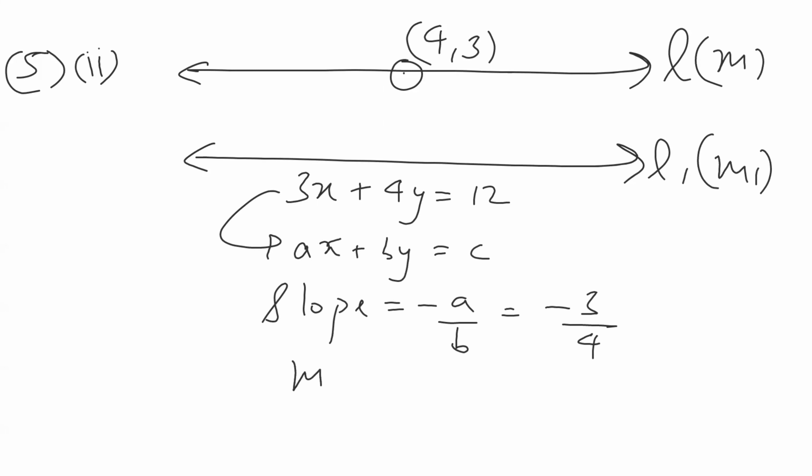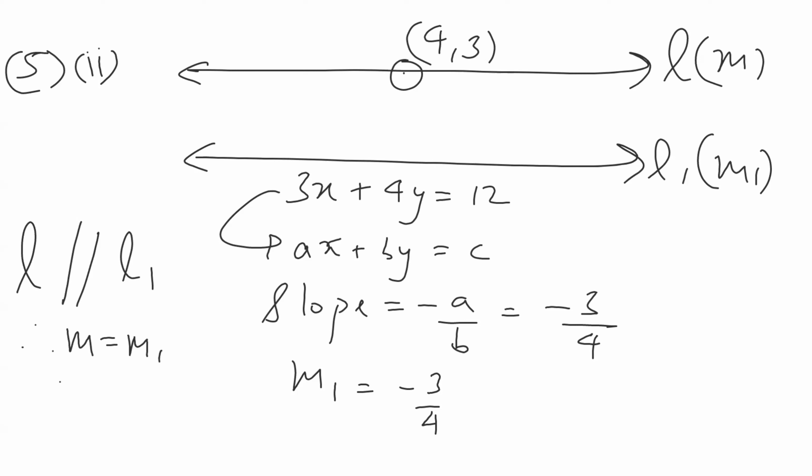So we got m1 is equal to minus 3 by 4. Now L is parallel to L1, therefore m equal to m1. The slopes are equal. Therefore m is equal to minus 3 by 4.